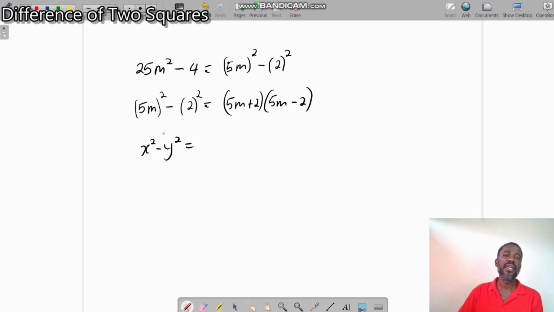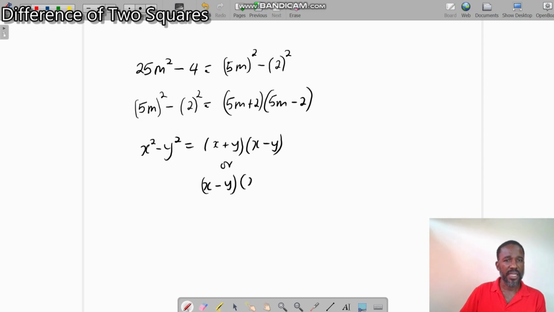Okay, again, if we are given x squared minus y squared and we are asked to factorize that, again, we have a difference of two squares. We have the first term being a squared term, the second term being a squared term separated by a minus sign. Automatically, our answer is supposed to be x plus y times x minus y. And again, we can write it as x minus y times x plus y.